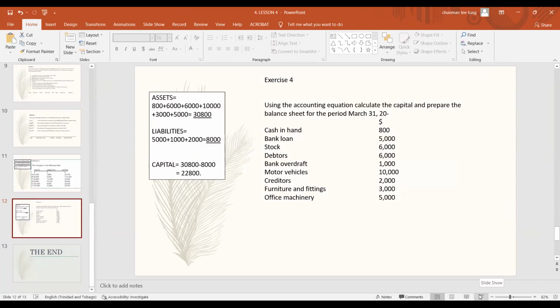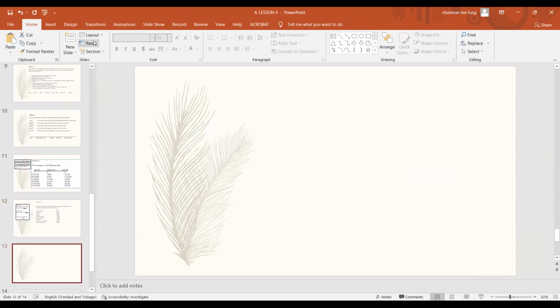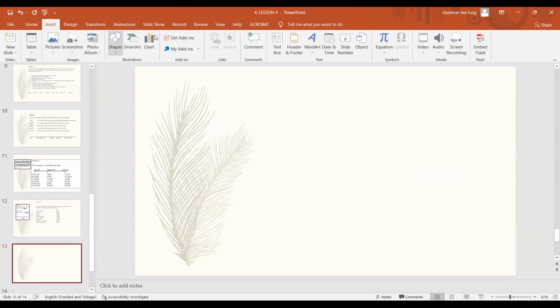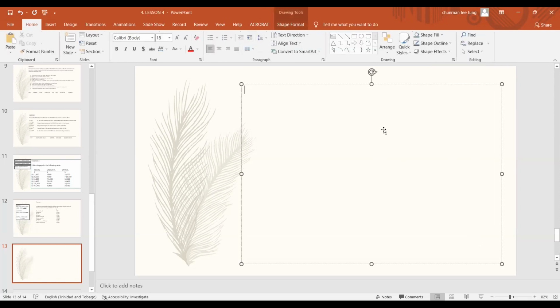Of course, you're doing your balance sheet. It's a horizontal balance sheet. You must put the name of the business first, which is N. Phillip. And you put the balance sheet as at the 31st of March, 2020. So we put in the name of the business. It's important for you to always put the name of the business.